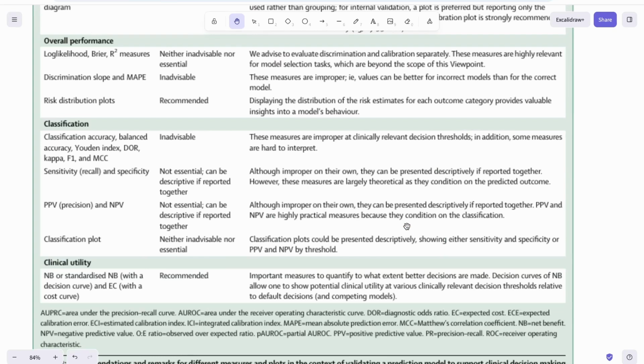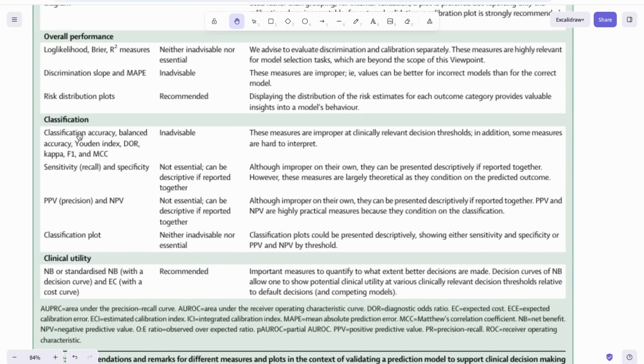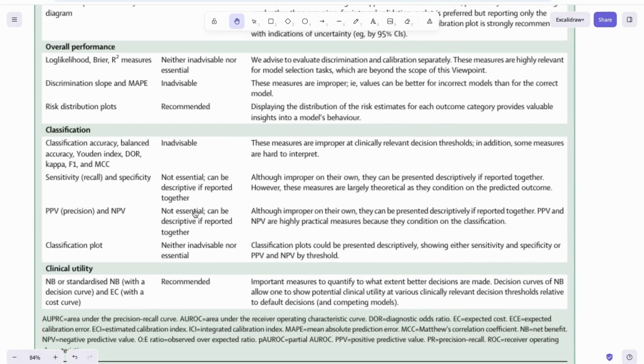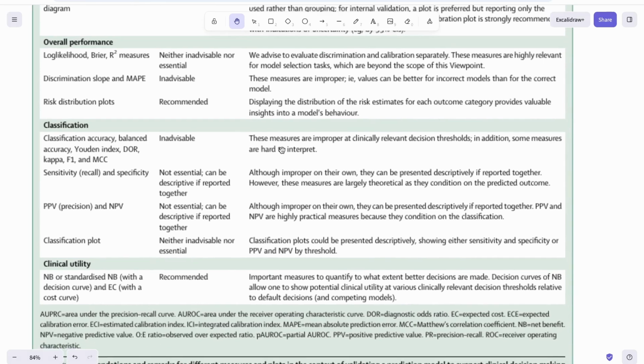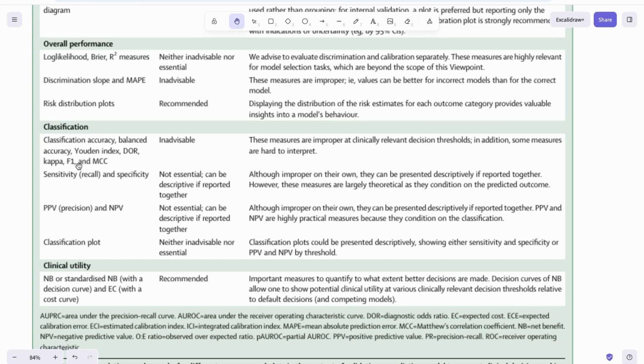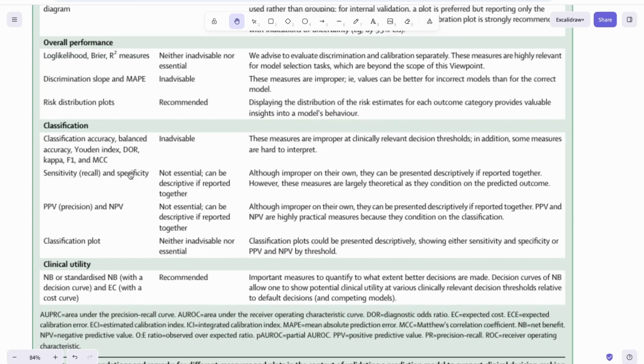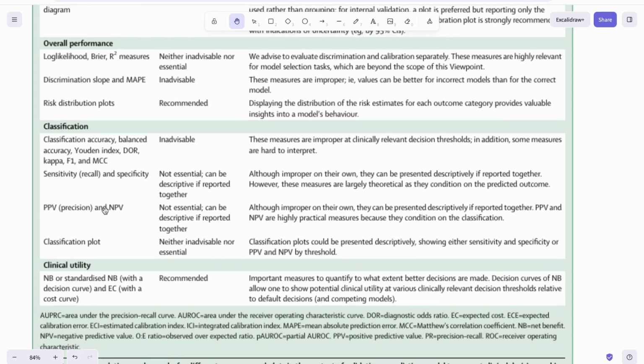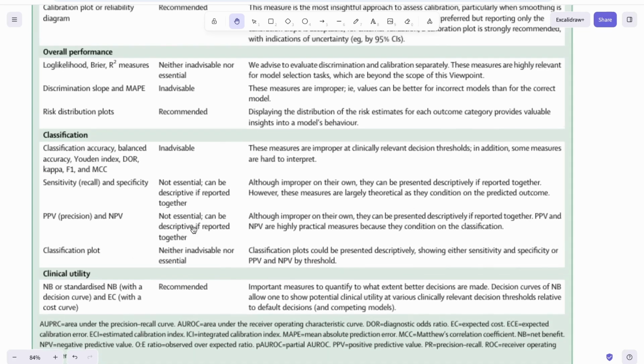Then the final measure. Interestingly, for classification, before we go to the clinical utility, they don't recommend anything apparently. For example, classification accuracy, balanced accuracy, F1, sensitivity alone, specificity, positive predictive value or negative predictive value, and classification plots are all, based on this recommendation, not essential.